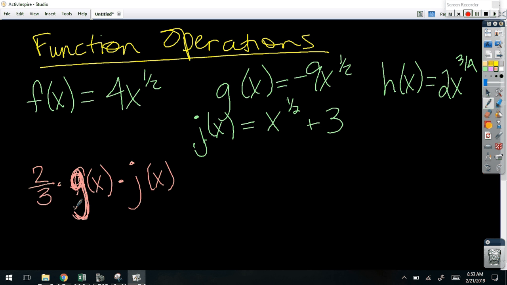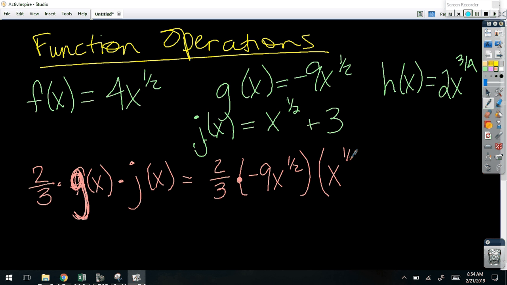All right, so now I have a scalar in front that I'm also going to have to multiply by, which is just a number out front you multiply everything by. So 2/3 times G of x is, in parentheses, negative 9x to the 1/2 times x to the 1/2 plus 3.